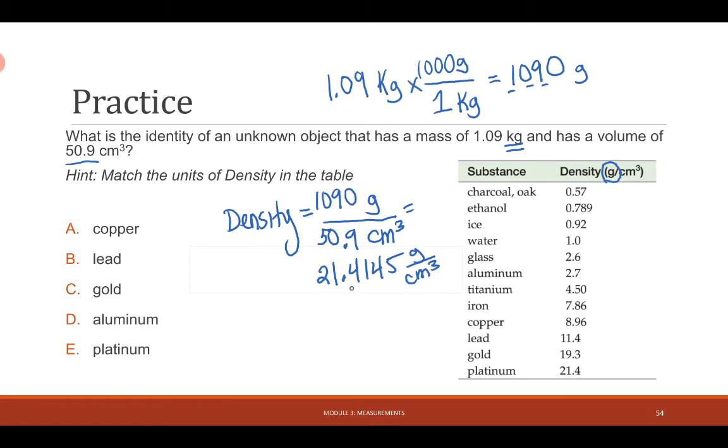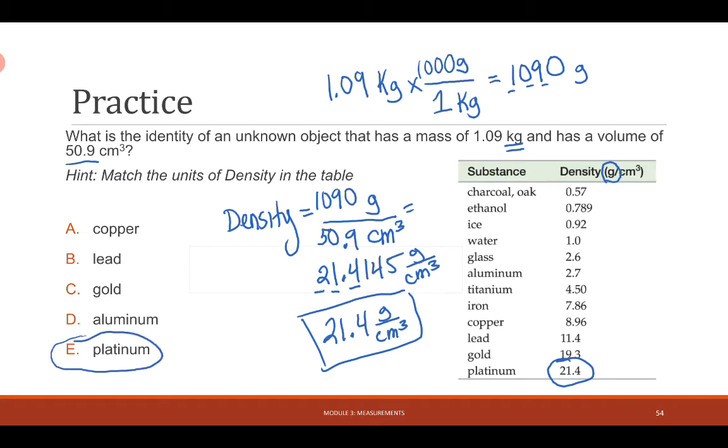I'm going to need 3 significant figures, 1, 2, 3, and so I'll report my answer as 21.4 grams per centimeter cubed. But that's not what the question was asking me. The question was asking me what material is it. So I have to look on this table, and I see that platinum has a density of 21.4. And therefore, my material must be platinum.